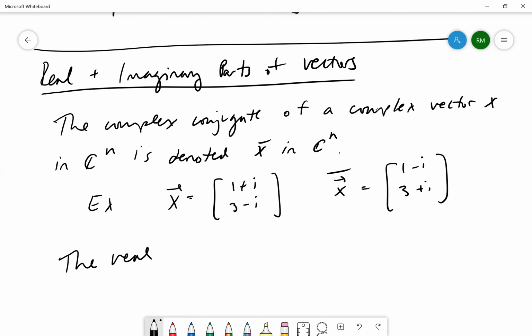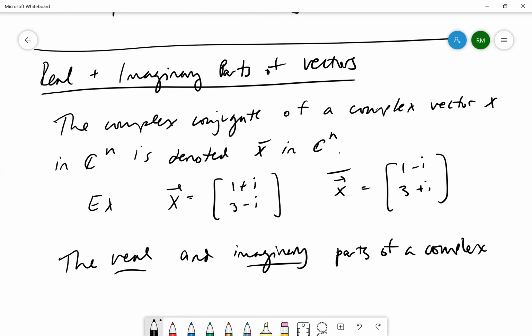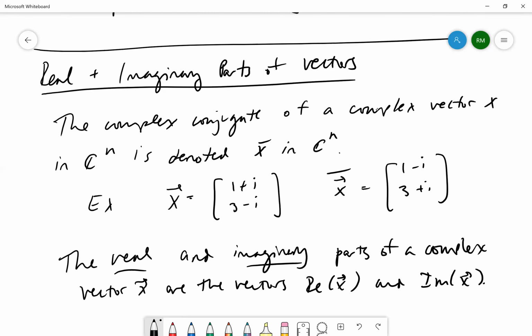The real and imaginary parts of a complex vector x are the vectors real part of x and imaginary part of x.